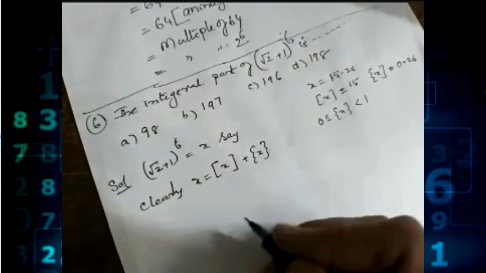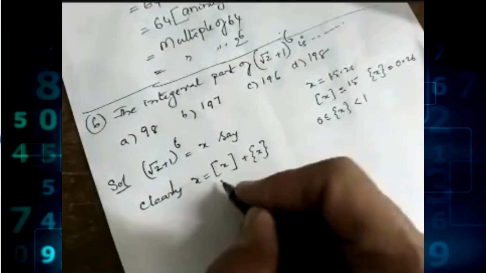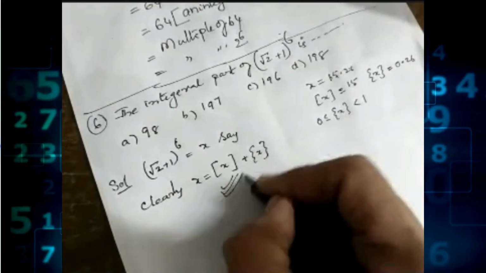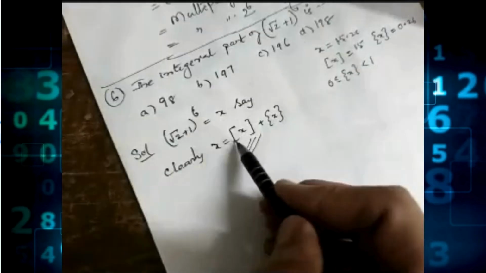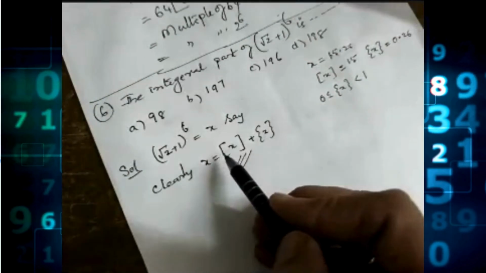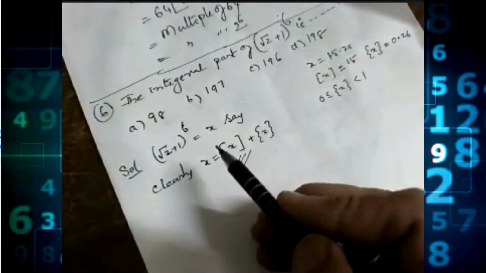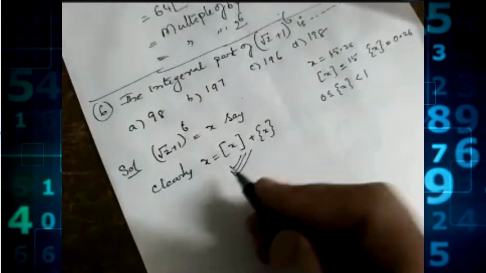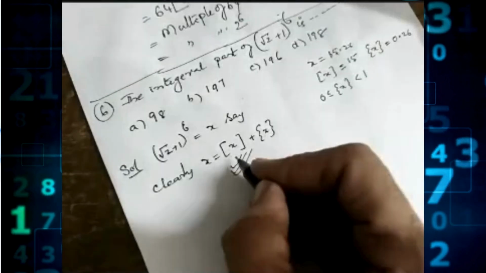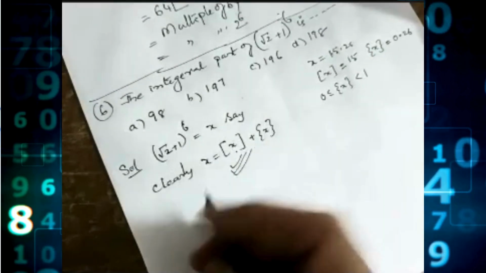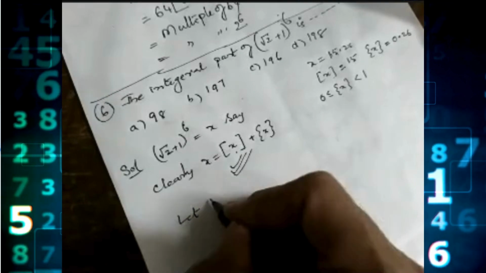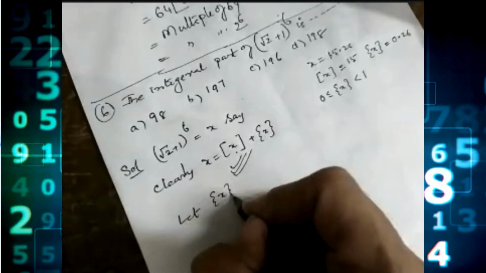Well, my dear, what is the main part here, the required part? Step x. This is the heroine of the problem. One minute. Right. Look here. How to get it done? Let the fractional part of x be equal to, say, small f.